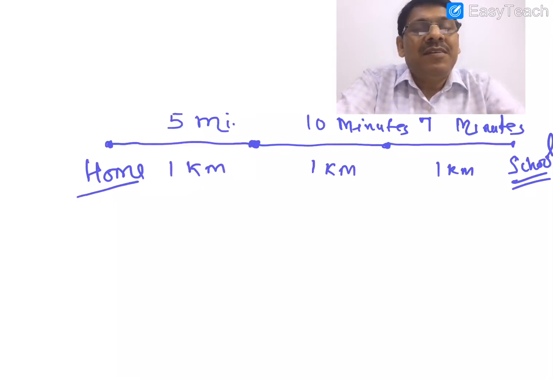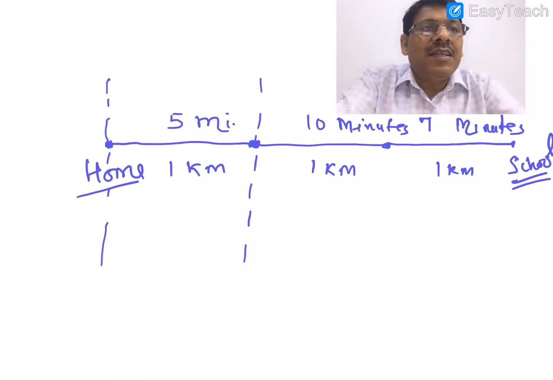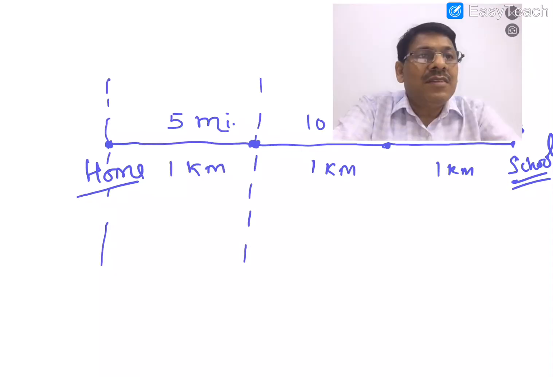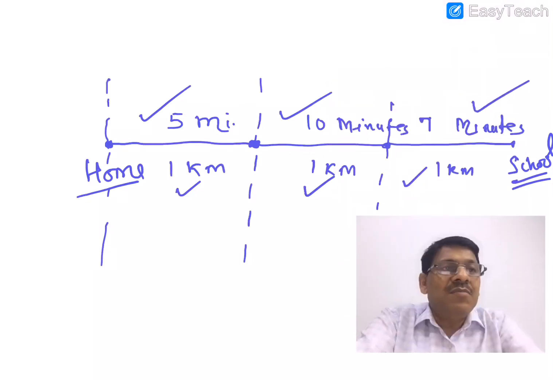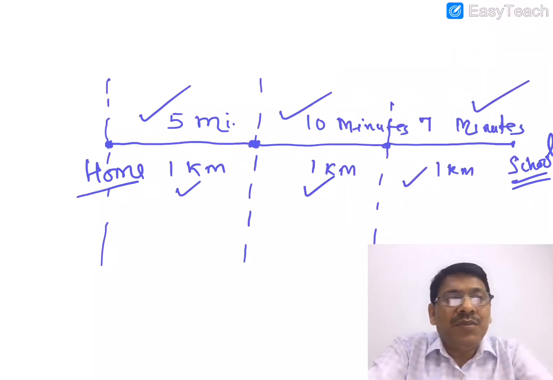You travel this distance by bicycle in 3 slots: first 1 kilometer in 5 minutes, next 1 kilometer in 10 minutes, next 1 kilometer in 7 minutes. This is an example of non-uniform motion.